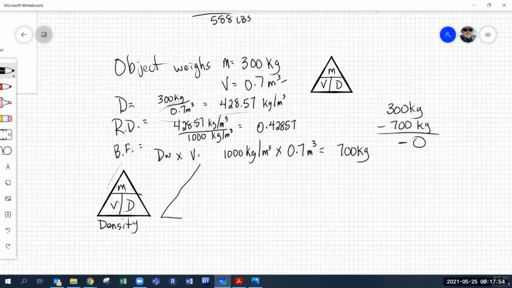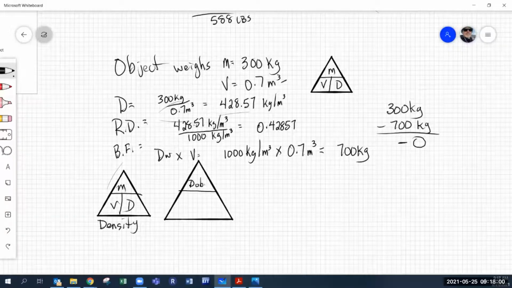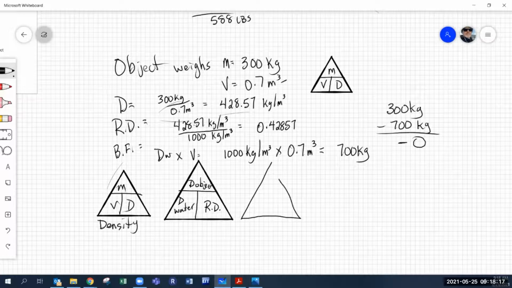Second, I'll give you relative density, where we take the density of the object divided by the density of water or air, and that will give you your relative density. The next one is for buoyant force.